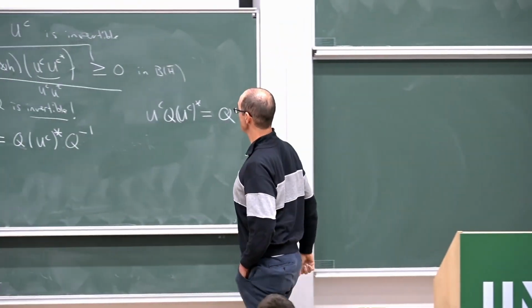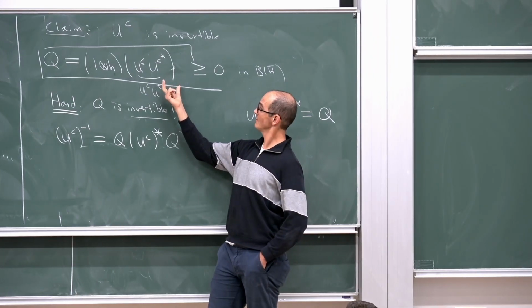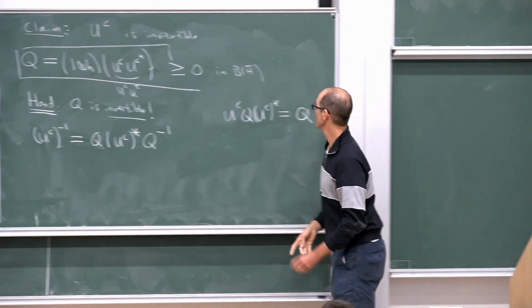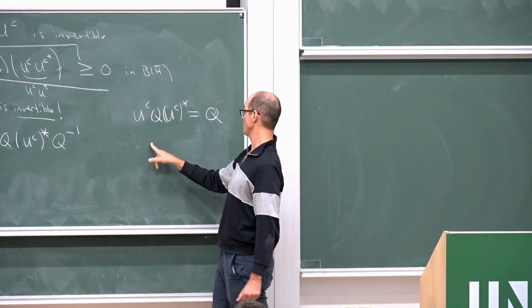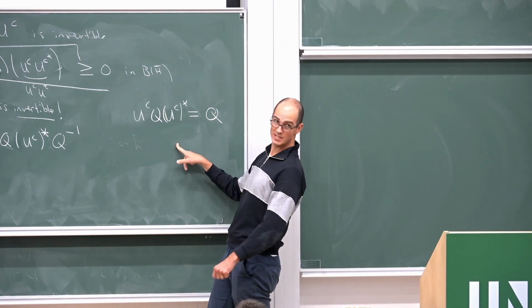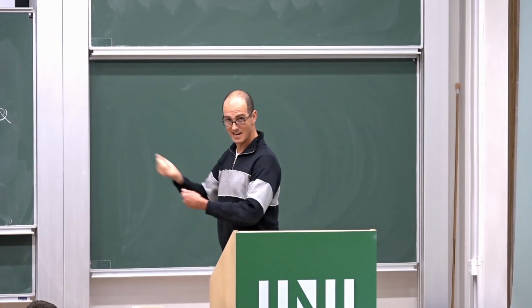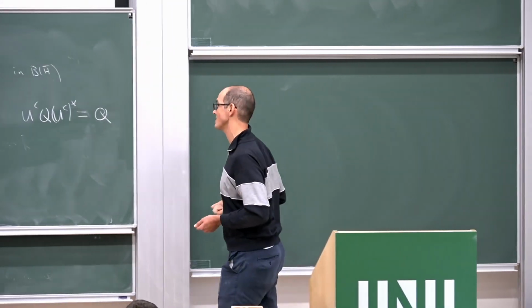And similarly, if you form a sort of opposite version of Q where I put the UC star on the left-hand side, you'll also get, for the other Q, UC star Q, the other Q, UC equals that other Q. So you get two candidates for Q and the other Q, and it turns out those two Qs are actually inverses of each other.